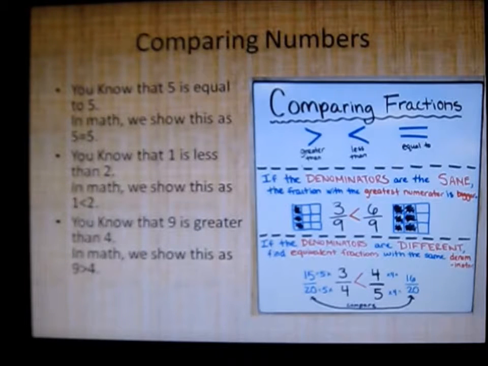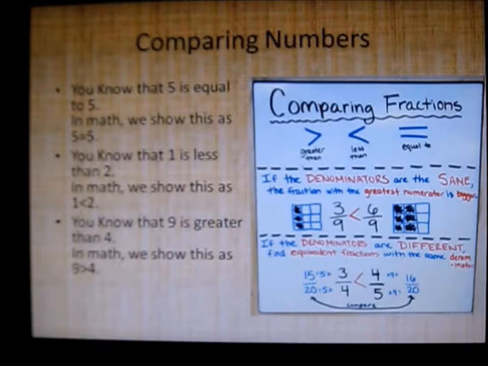Here, you can see these same terms, greater than, less than, equal to. If the denominators are the same, the fraction with the greatest numerator is bigger. If the denominators are different, find the equivalent fractions with the same denominator.